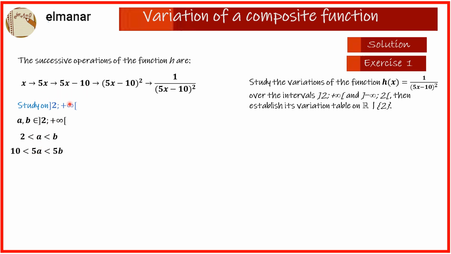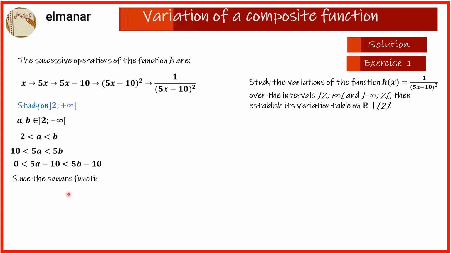When x is multiplied by 5, the order of the numbers is preserved. 10 is less than 5 times a, which is less than 5 times b. By subtracting 10, this relationship does not change since the same quantity is removed. 0 is less than 5 times a minus 10, which is less than 5 times b minus 10.